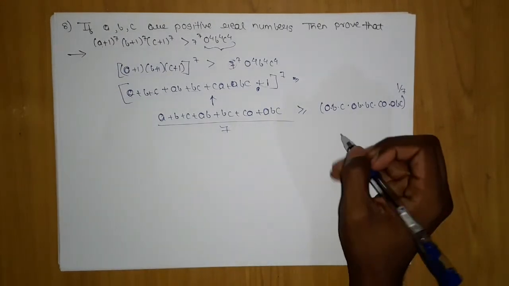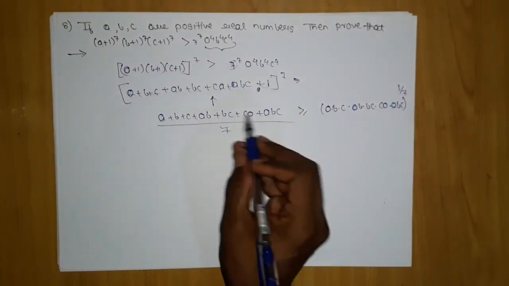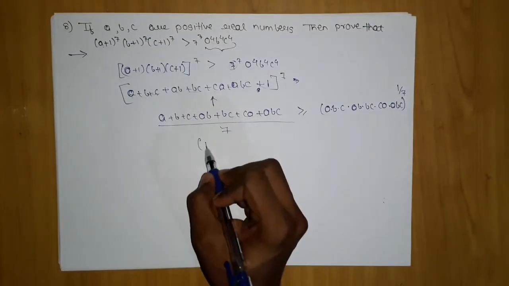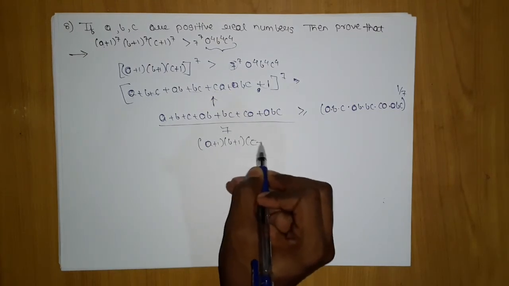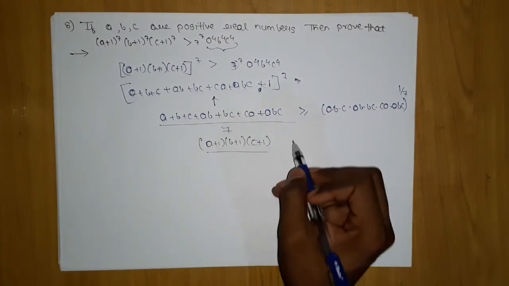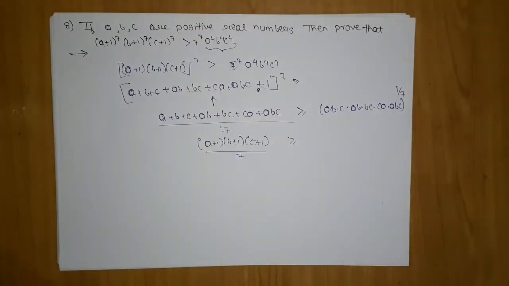So what are we getting? We can write it as (a plus 1) into (b plus 1) into (c plus 1) upon 7, greater than or equal to this.